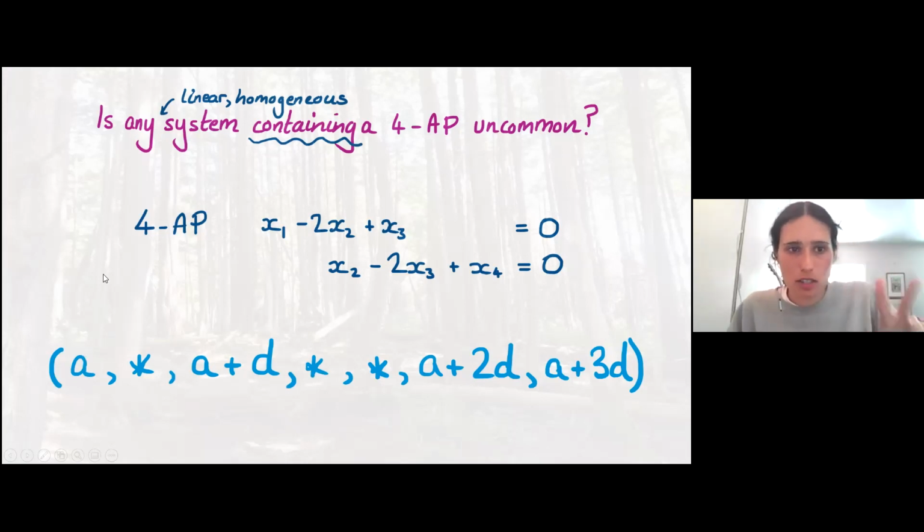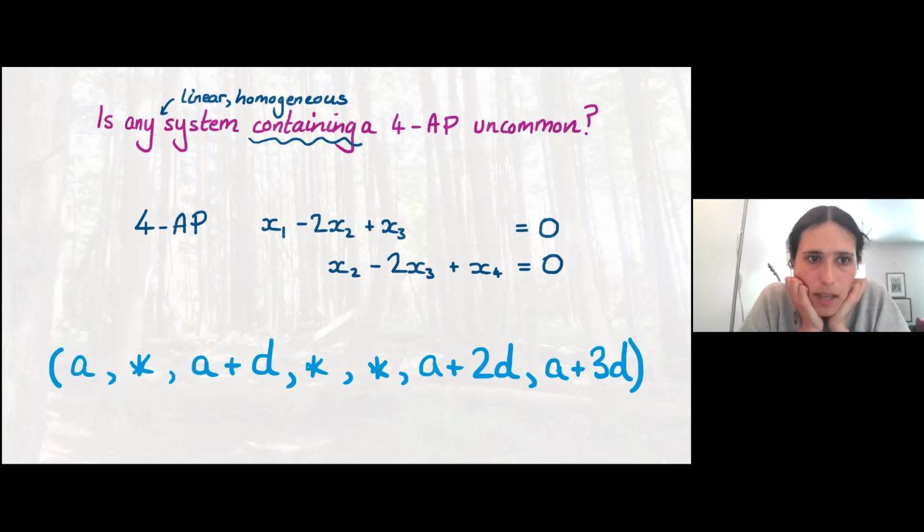So you've got just these 2 integers, a and d, that are determining these 4 coordinates. And then the star just means you've got anything else here. And as we saw with the 3AP, the solutions can be parameterized in lots of different ways. We saw 2 different ways for the 3AP. So this is just one way of thinking about the 4AP.